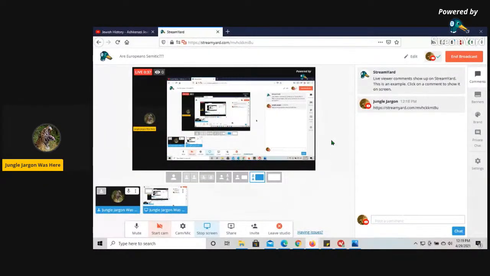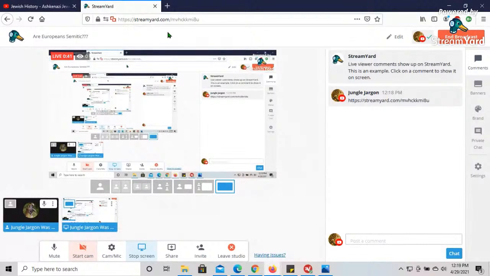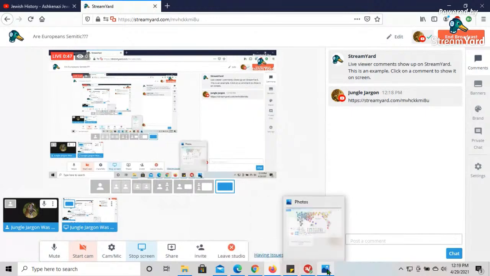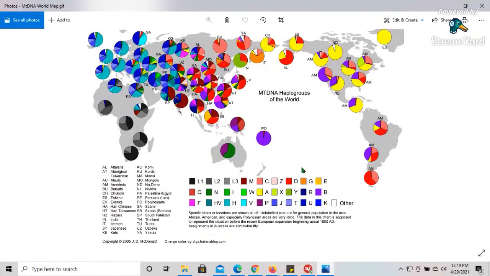Let me see. Let's first go to this thing here. So we'll examine this mitochondrial DNA, right? This is the maternal line mtDNA haplogroups of the world.